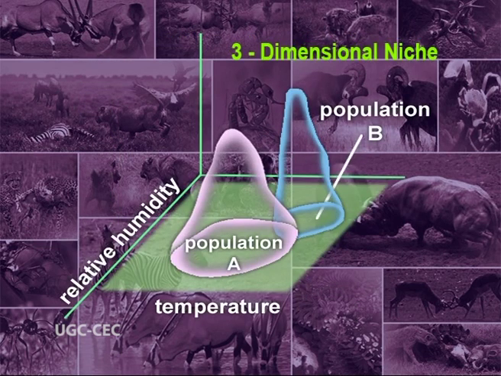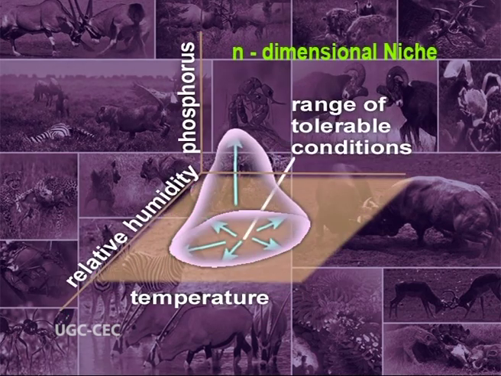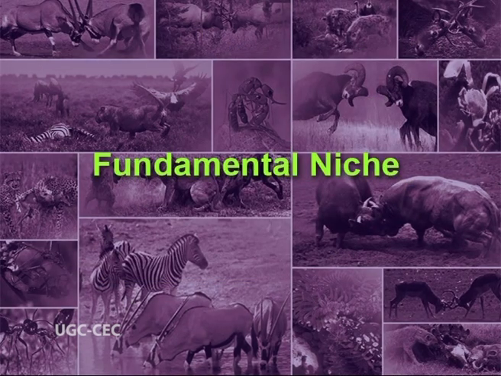Suppose now we consider available phosphorus as the third variable, the niche representing three variables would be three-dimensional. If we now have a fourth variable, the space enclosed would be a hypervolume with 4 dimensions. Since there are a large number of environmental factors, both biotic and abiotic, affecting the population, the niche is an n-dimensional hypervolume. This is considered as the fundamental niche of the species.